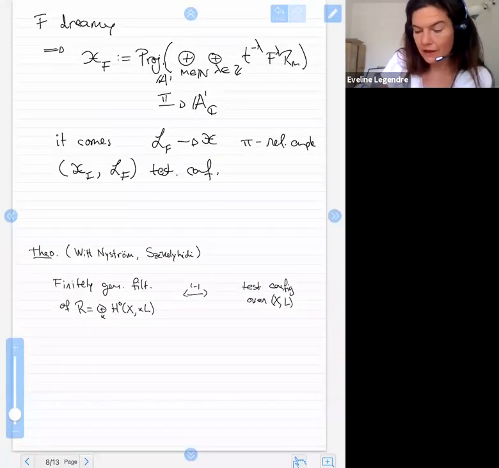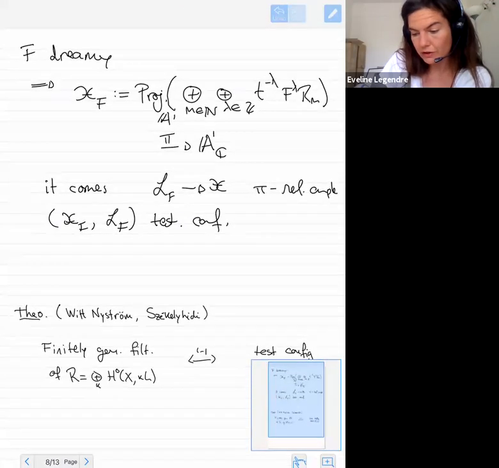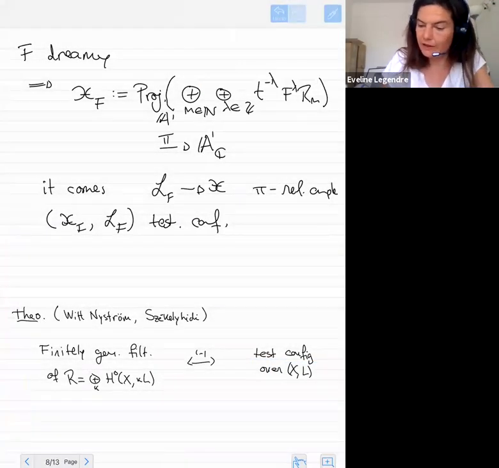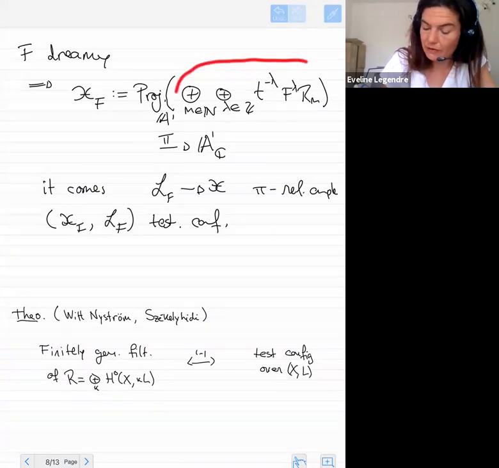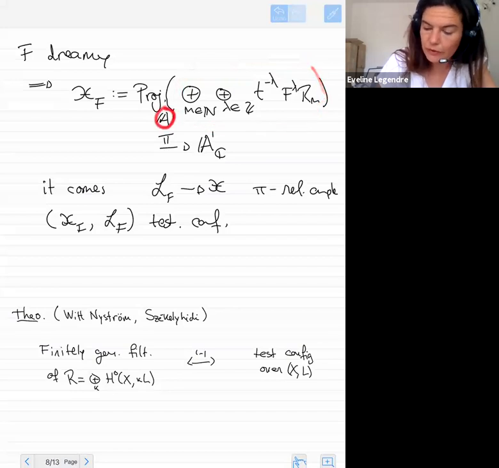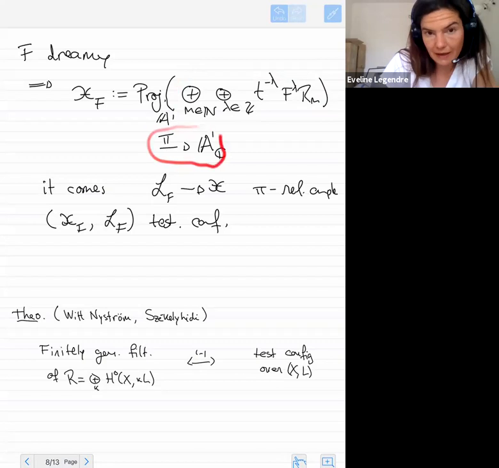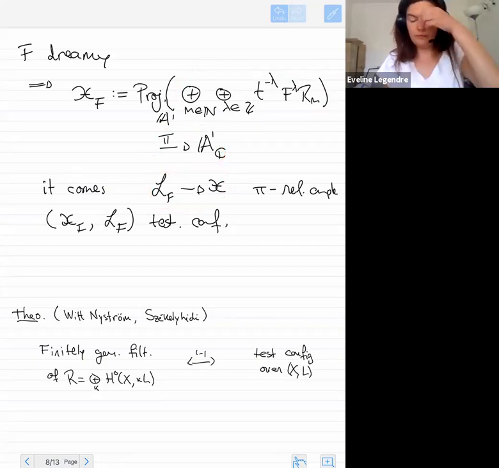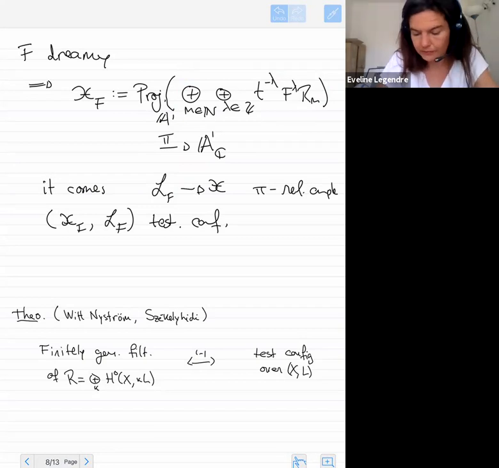We take the relative Proj of that graded algebra, and this is a relative Proj, so we get a test configuration with a relatively ample line bundle. So given F, we can build a test configuration over X_L simply this way.